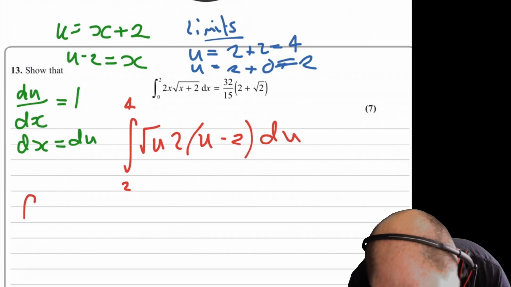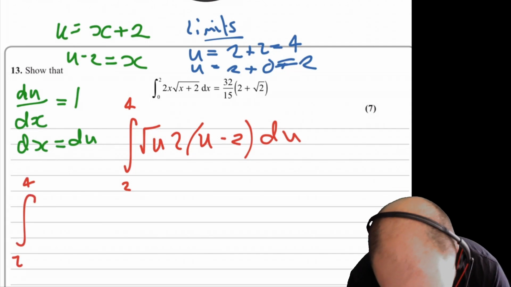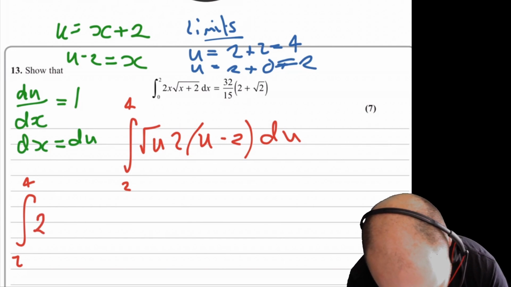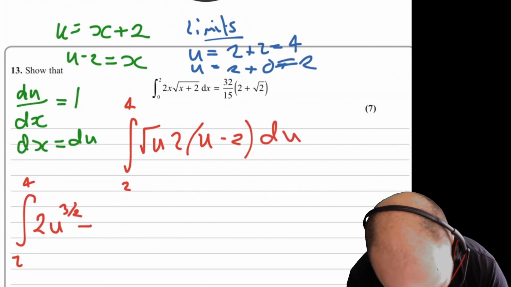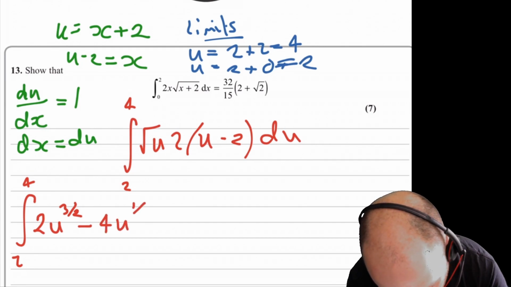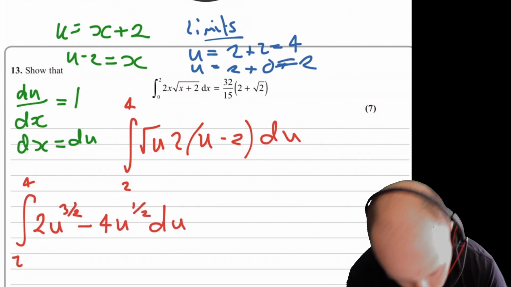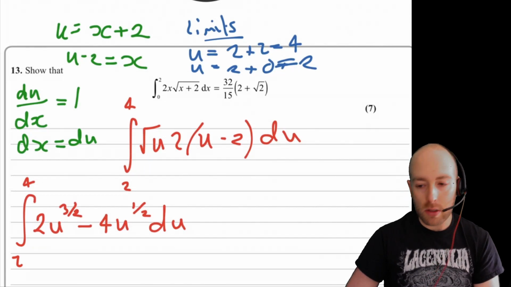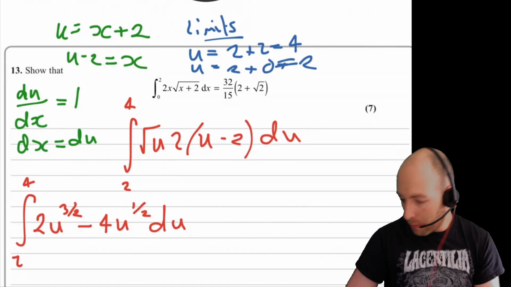If we expand all of this, we're going to get 2u to the 3 over 2 minus 4u to the half du. So I've expanded the brackets, got our two terms there, and now we can just integrate.